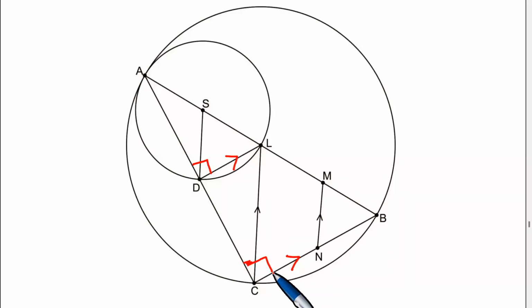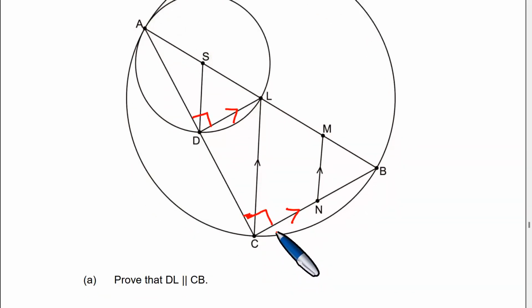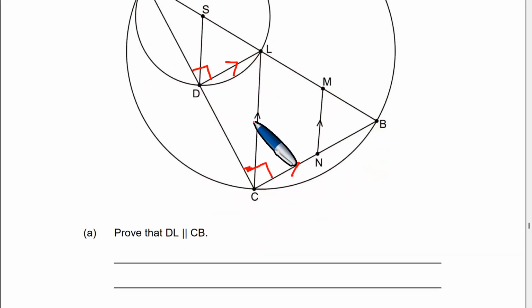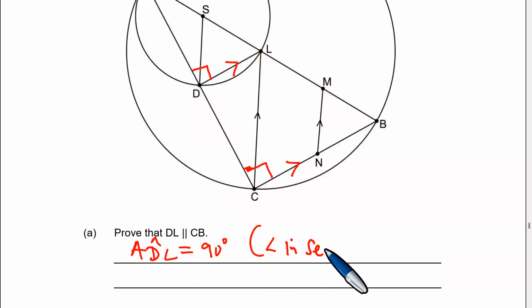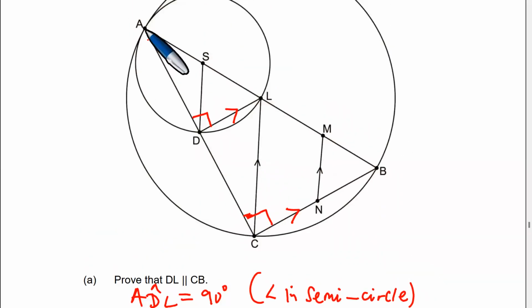But we need to write it down very nicely. We state that ADL is 90 degrees, which is an angle in a semicircle.